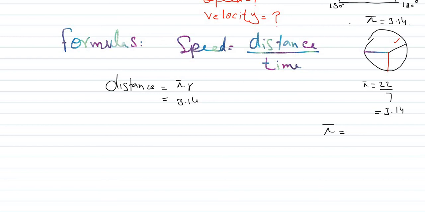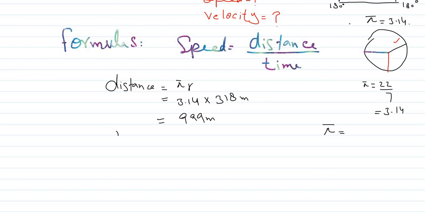Now just putting the value: 3.14 multiplied by r, the value of r that is given here, that is 318 meters. When you multiply these values with a calculator you get here 99 meters. So I put here 99 meters. When we find the distance, simply you can put the values in this formula of speed.